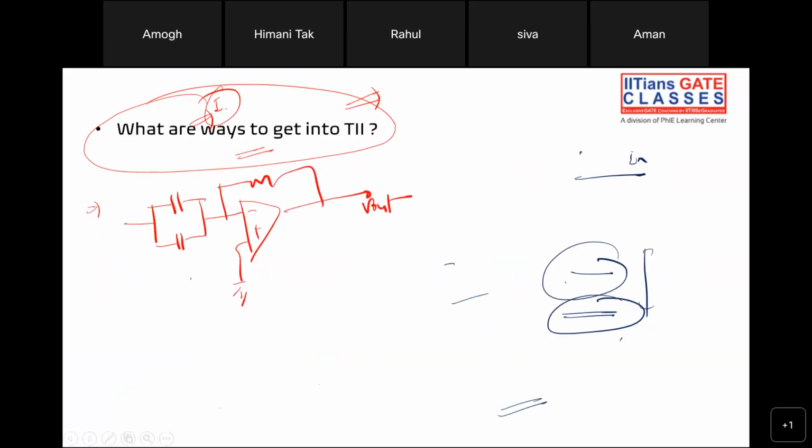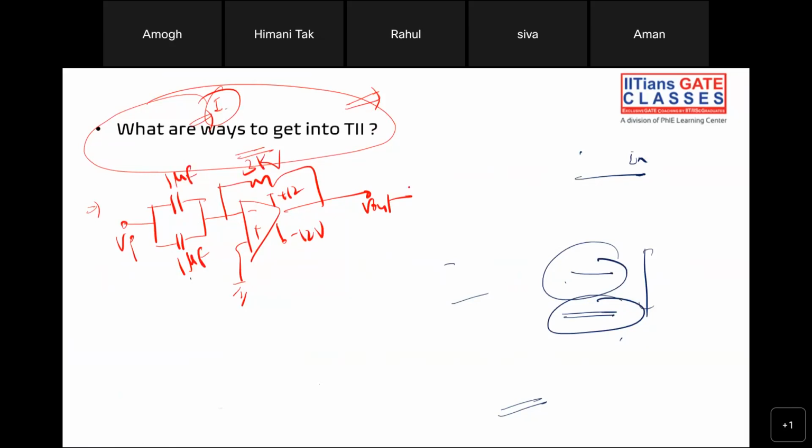V out and this is VI. Okay guys, again there is plus 12 and minus 12, you can see, and this is the resistance here. This is 3K, and this is 1 microfarad.